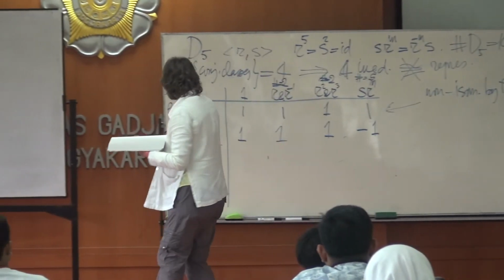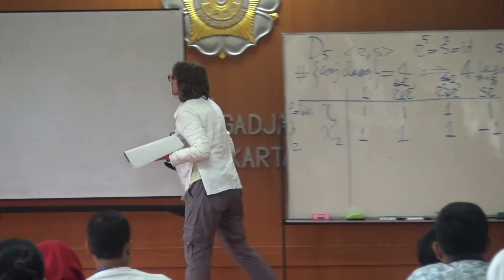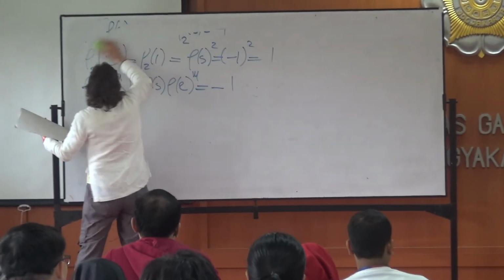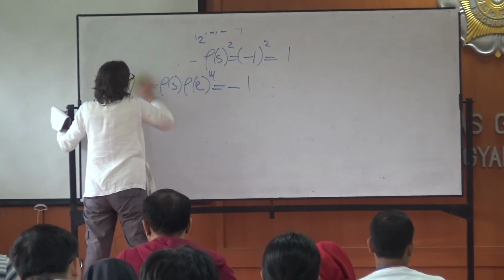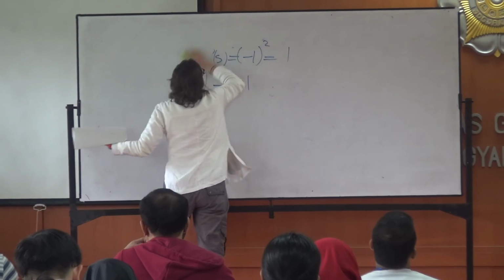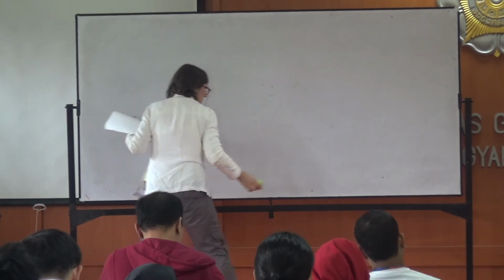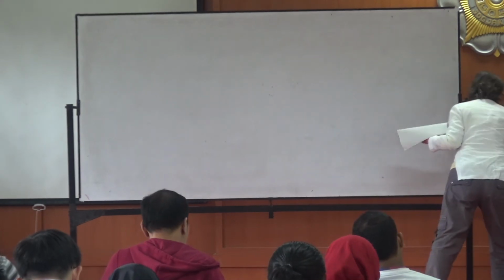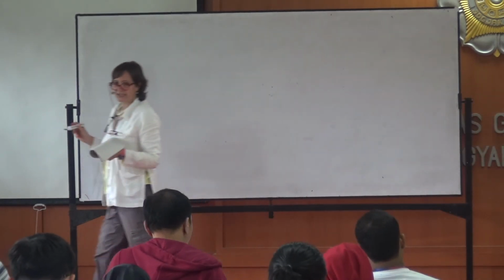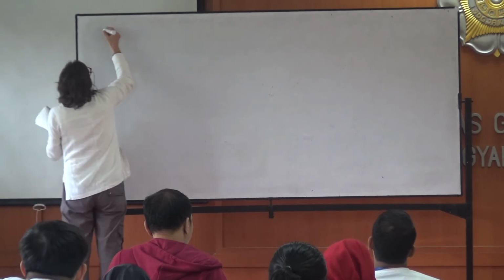And you remember, there is one way of viewing D5, in this case, which is to see it via these matrices. We call it the birth certificate representation, rho 3.